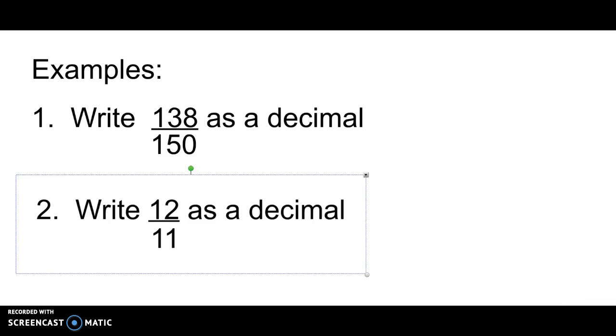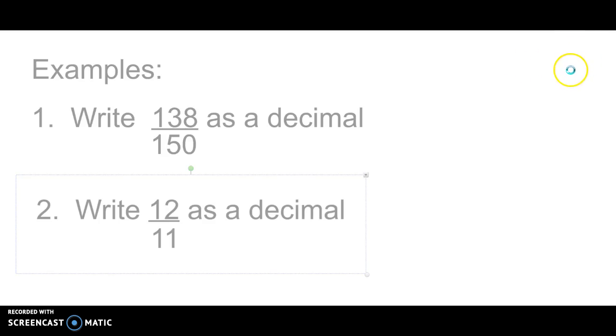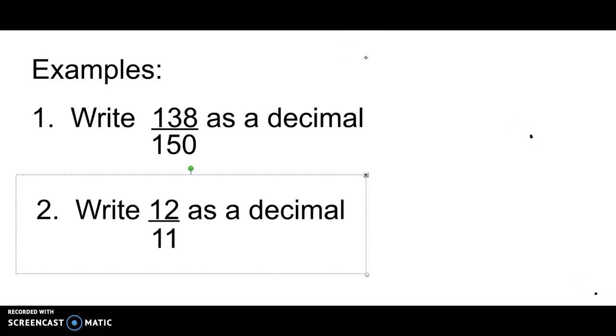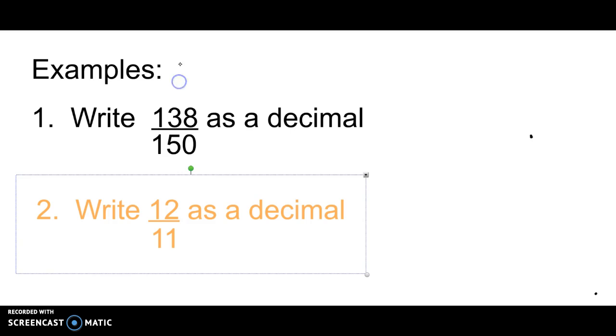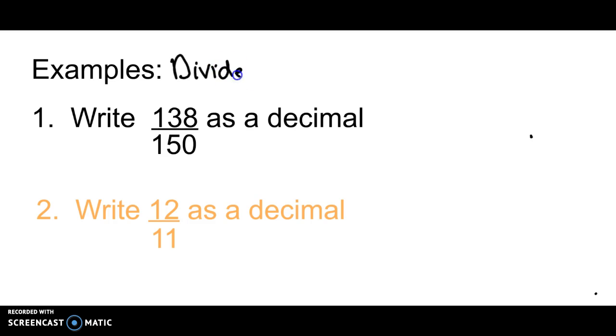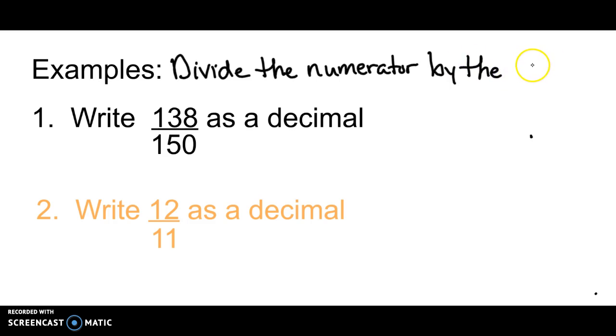Let's look at some examples and determine if they're terminating or not. So let's look at the first one. It says write 138 over 150 as a decimal. In order to do that, we want to take our calculator and divide the numerator by the denominator, just like you would if this was a test grade and you wanted to figure out what your percentage was.